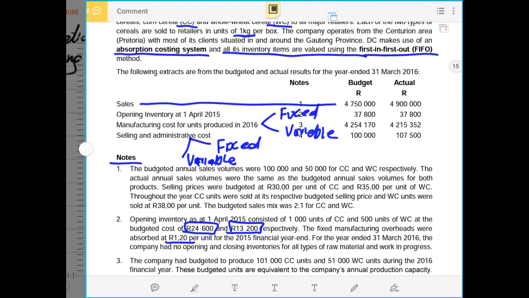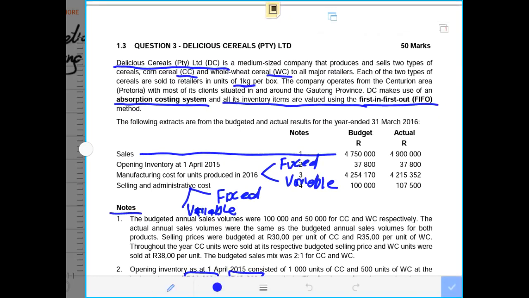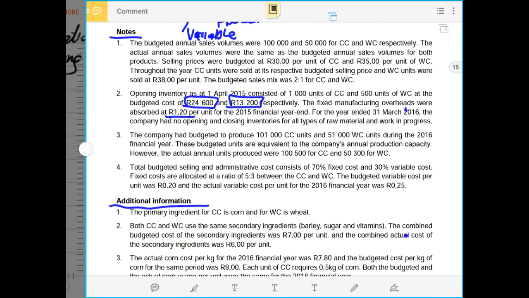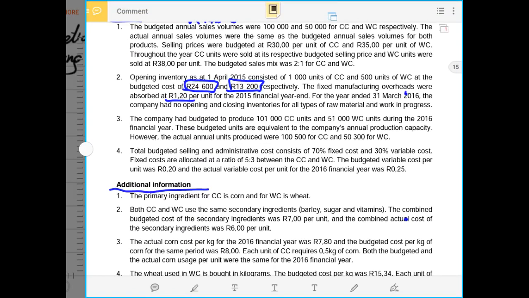And the reason why that is inclusive of the fixed cost is because the company is currently using the absorption costing system. However, they are not always bound to provide information in absorption perspective or system. They can require you to calculate the income statement using the marginal statement, meaning the statement that does not recognize fixed cost in the calculation of that statement or in the calculation of the production cost.